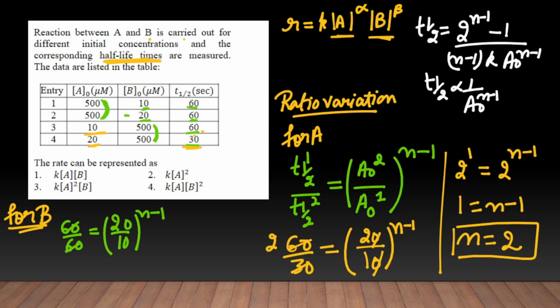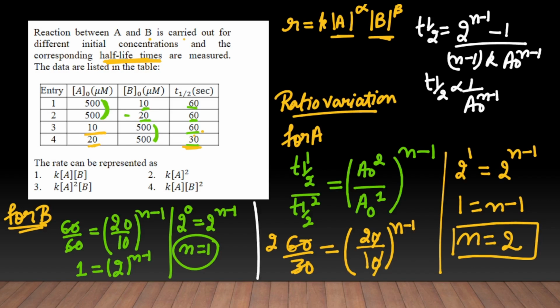So this becomes equal to unity, which is equal to 2 raised to the power of n minus 1, which implies 2 raised to the power of 0 is equal to 2 raised to the power of n minus 1. So the n value we are getting here is 1, which means the order with respect to B is 1.